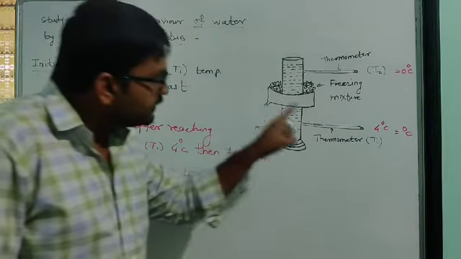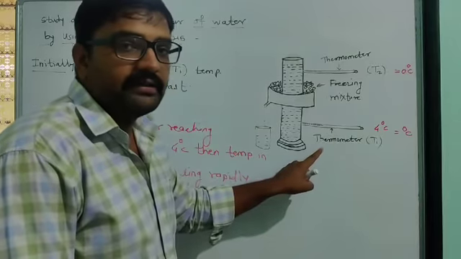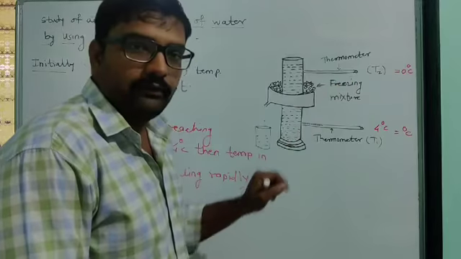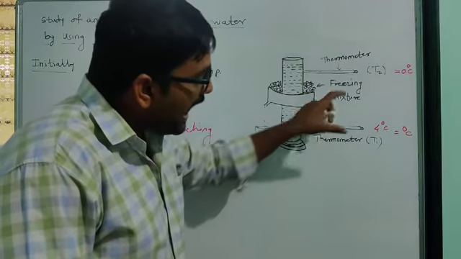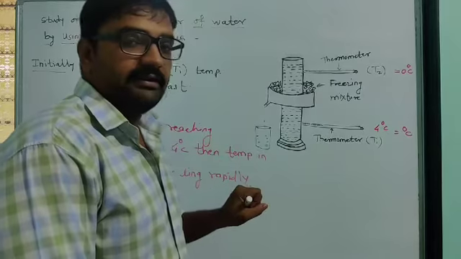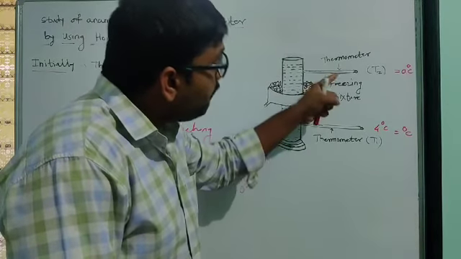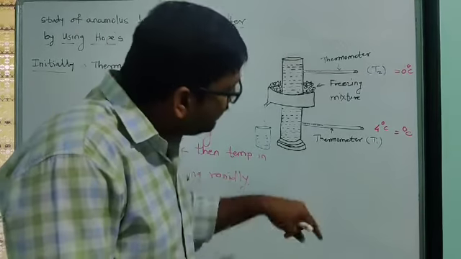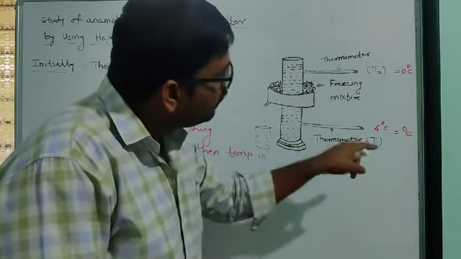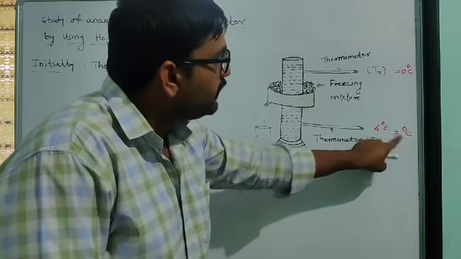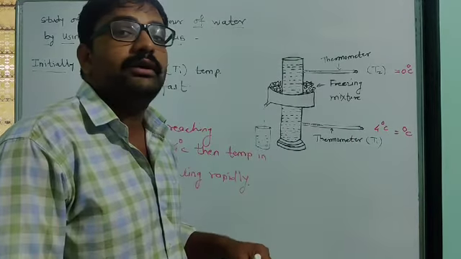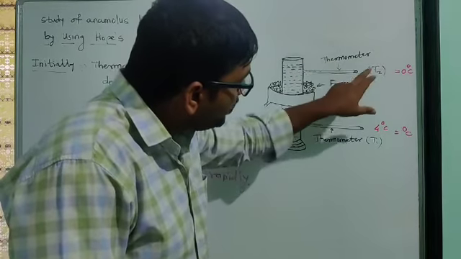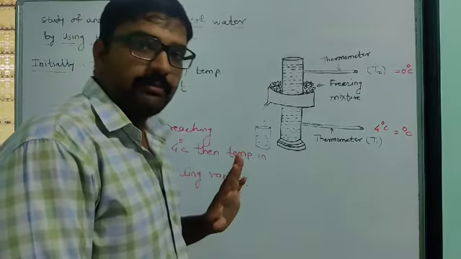So actually what happens here? First a rapid fall in thermometer T1 takes place, while the temperature of thermometer 2 initially falls slowly. But as both reach 4 degrees Celsius, a rapid change in thermometer T2 takes place and it reaches 0 degrees, and after some time thermometer 1 reaches 0 degrees Celsius. So both do not reach 4 degrees at the same time, and both also do not reach 0 degrees Celsius at the same time.